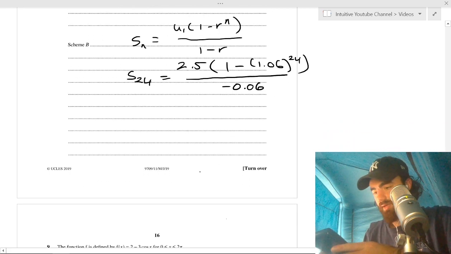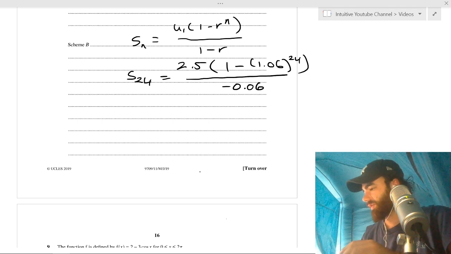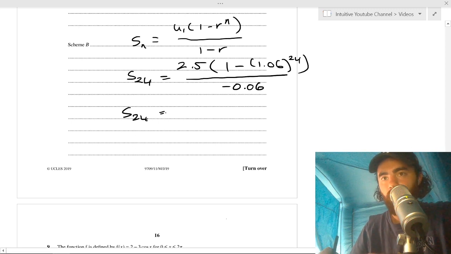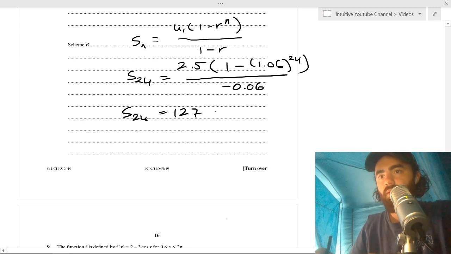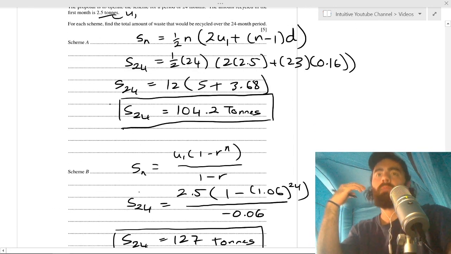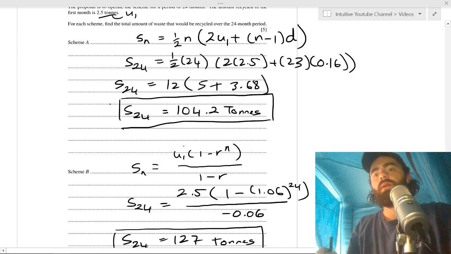So if we put all of this in our calculator, this is 127.0. So S24 equals 127 tons. So that means that actually scheme B is a more efficient method for recycling. More is recycled through scheme B than scheme A.